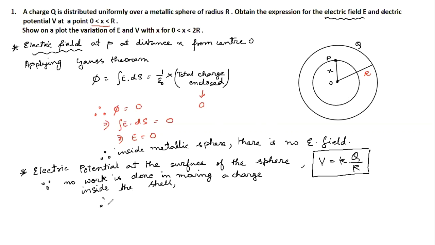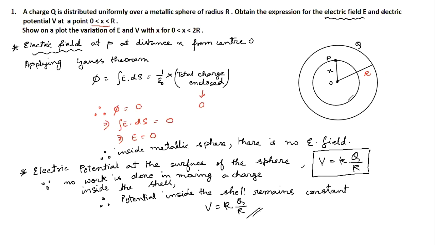So therefore, potential inside the shell remains constant, which is nothing but again KQ by capital R. So this much amount of potential we will see inside the shell.